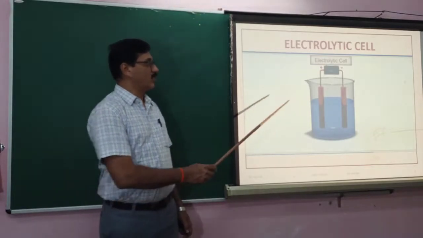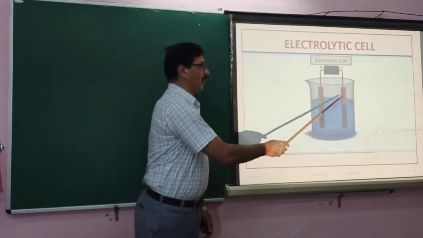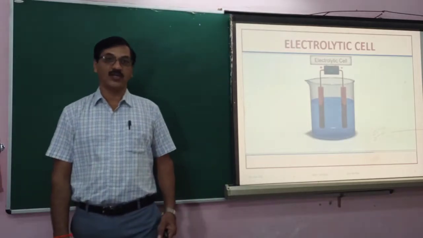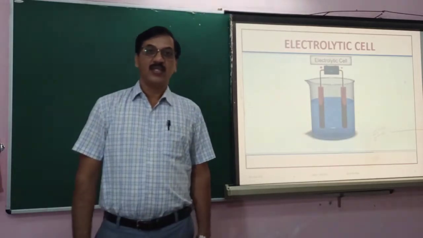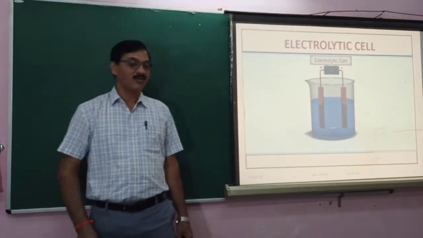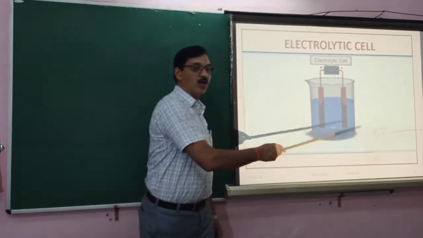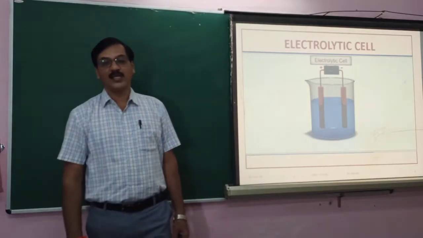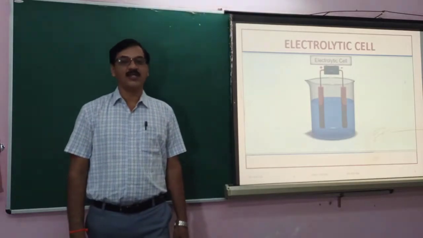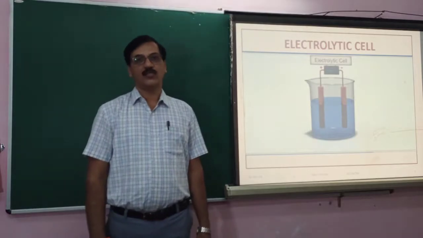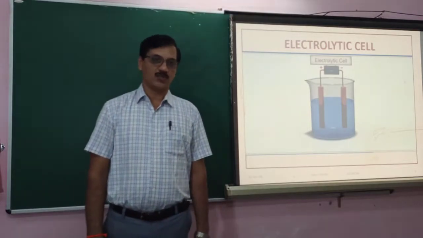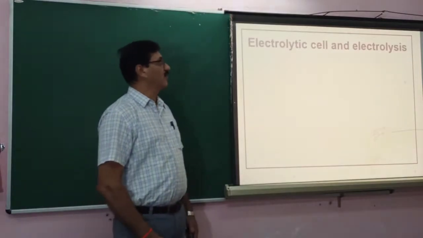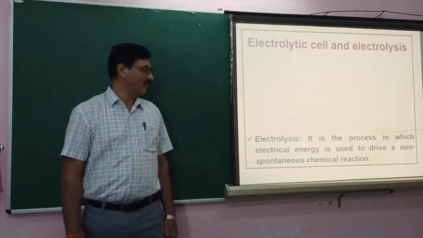In an electrolytic cell, there will be two electrodes. Electrodes may be active electrodes or inert electrodes. By inert electrodes, we mean the electrodes do not participate in the chemical reaction. If they are active electrodes, then they may take part in the redox reaction that is occurring in the electrolytic cell also.